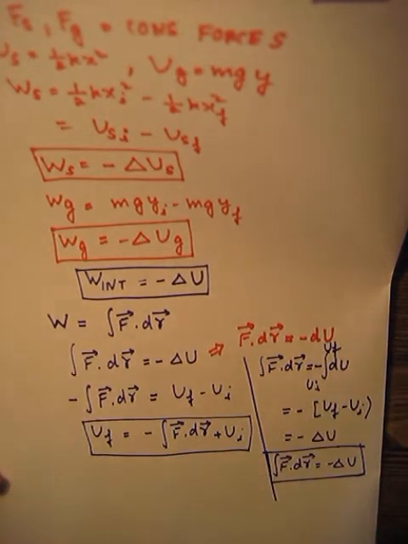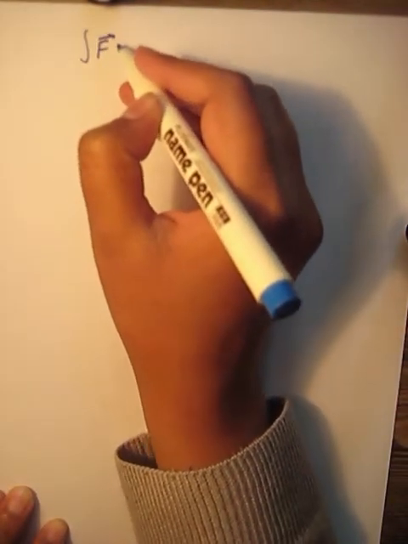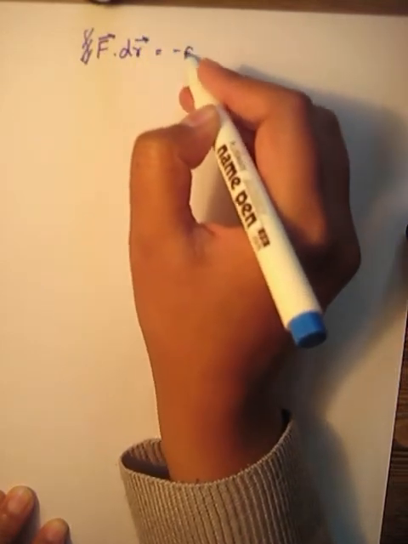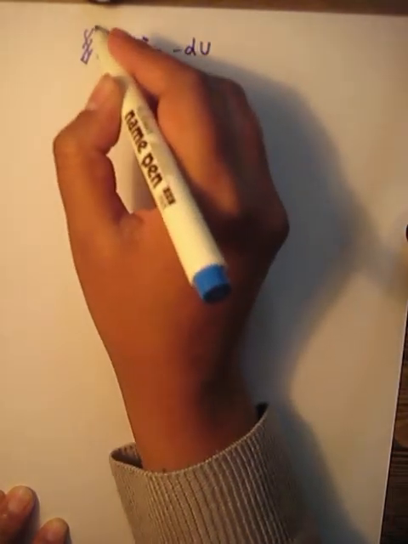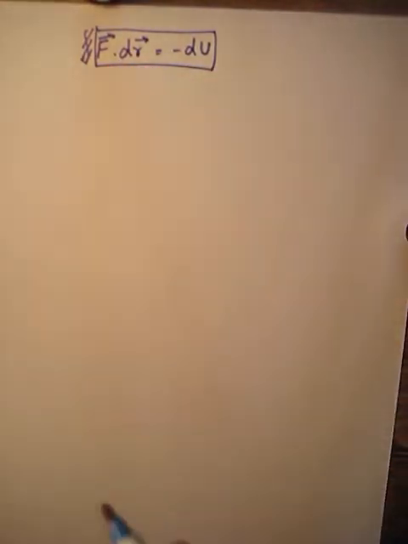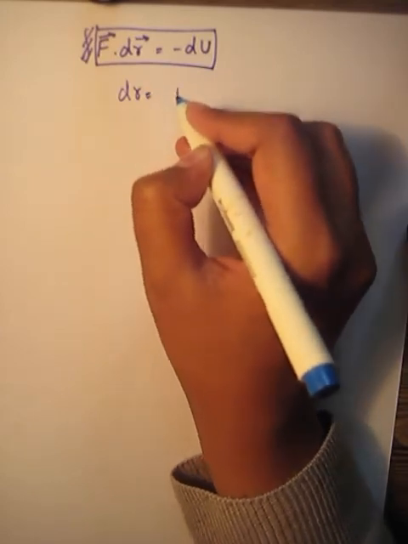Now let's try to solve this equation. So what we're getting from this equation is that we remove the integral and say that F vector dot dr vector is equal to minus dU. Now here dr vector is the displacement vector.